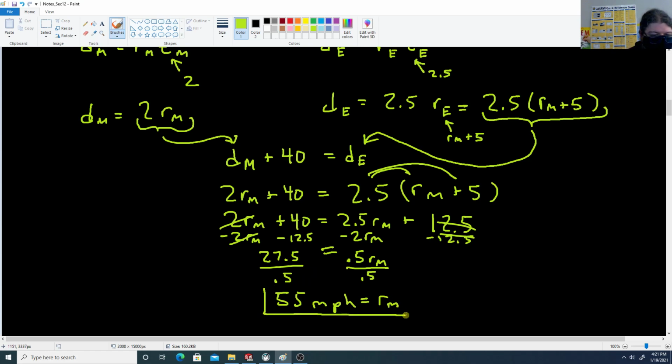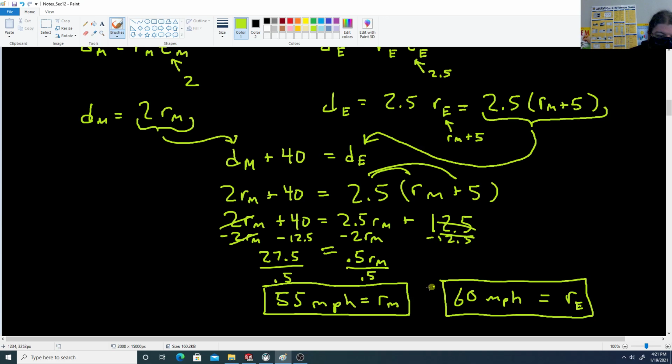And since Eduardo was traveling 5 miles per hour faster, this also implies that 60 miles per hour was the rate that Eduardo goes. So that's the rate of Eduardo. So we found their average rates. This is how fast each of them is traveling.